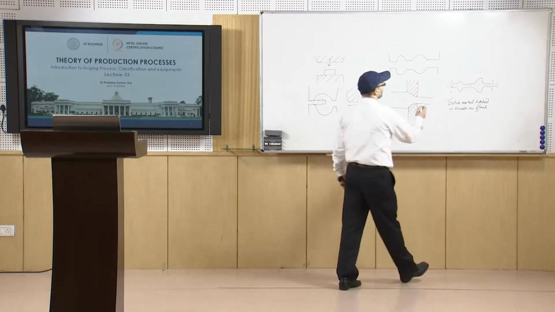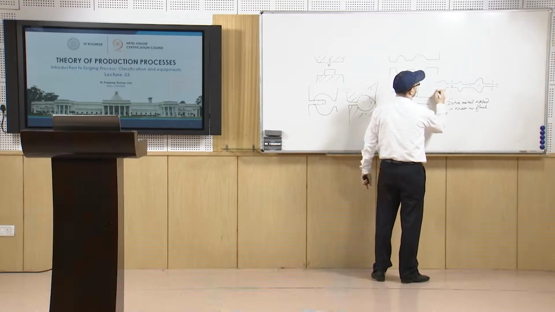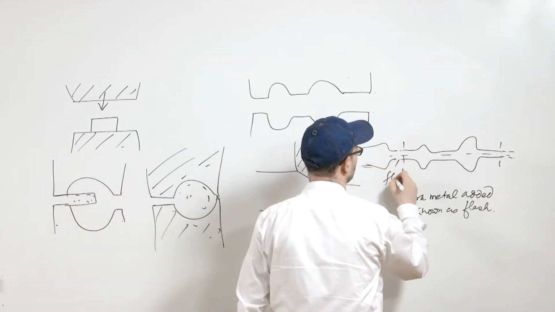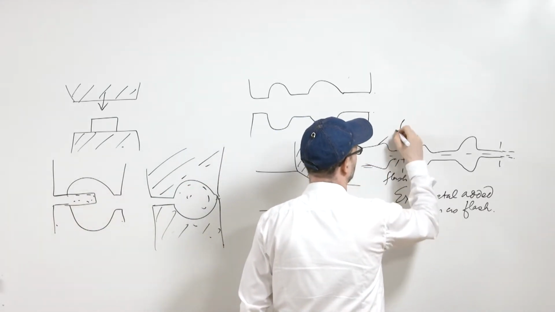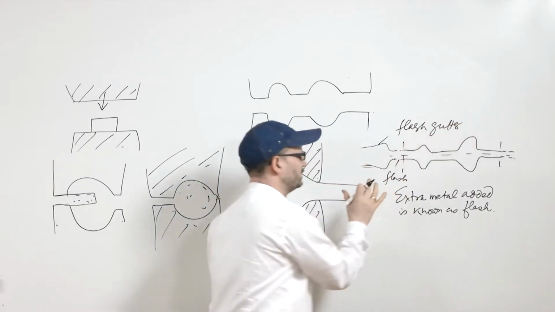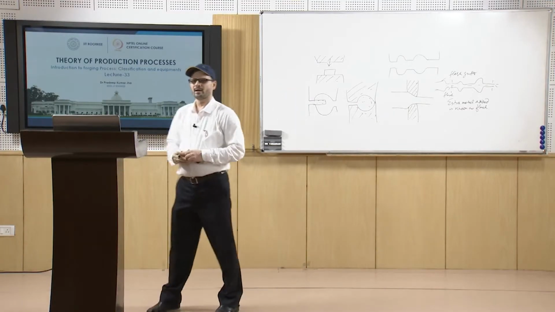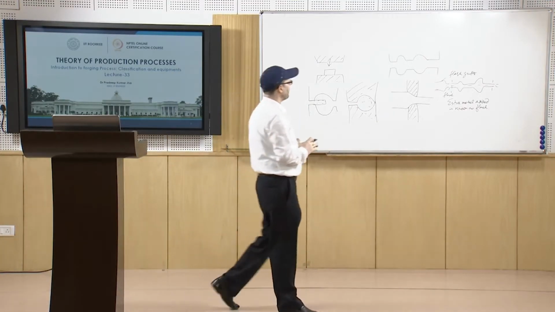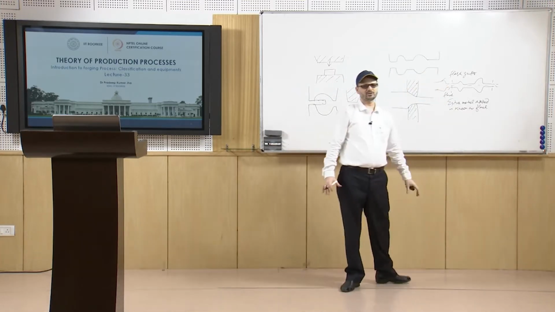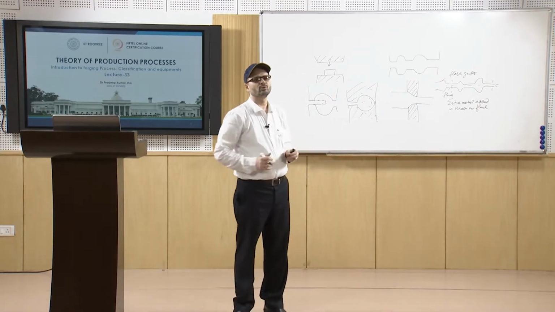So, for that, it is given a structure like this, which is known as the flash gutter. So, this is flash and this is known as flash gutter. Having a larger cross section matters, because if it becomes quite wide, the resistance to flow will be quite high, so it will not be able to move further.